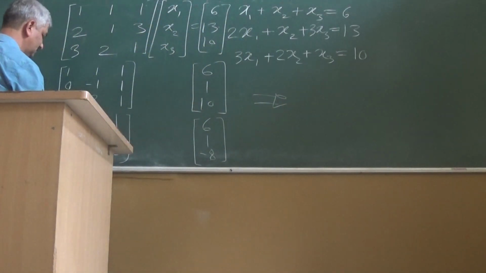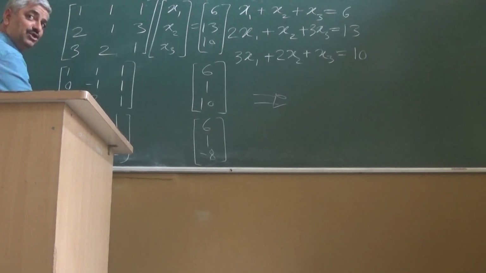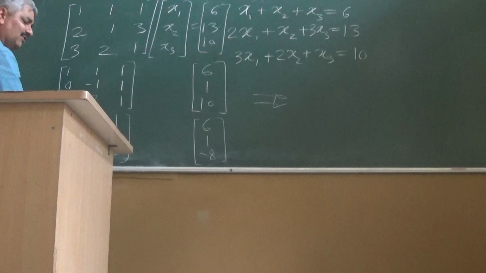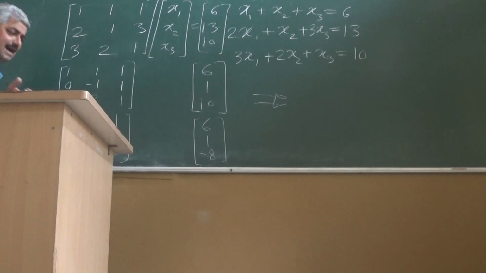Now it's very simple. This has to be made 0. R3 plus R1, or there are two ways. Only one way works: if we do it, then it will become 1. So R3 minus R2.